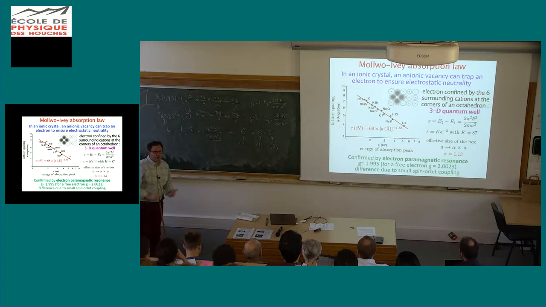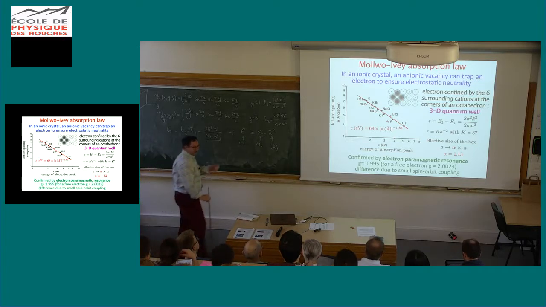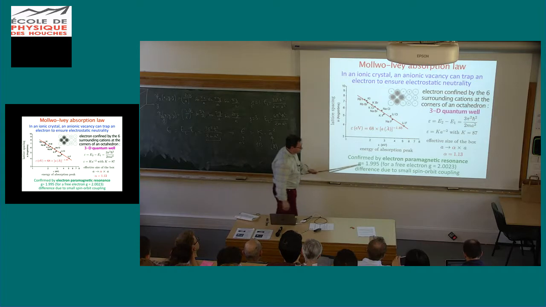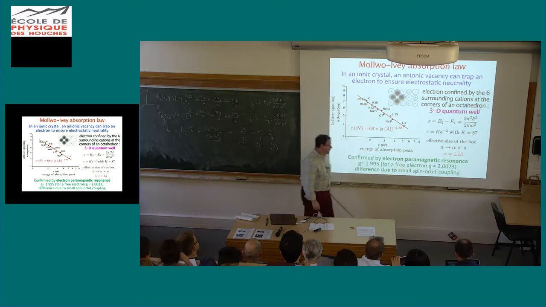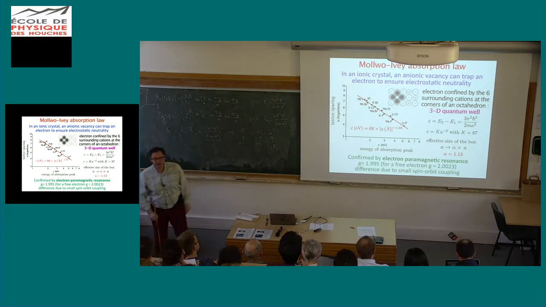And this structure, that it is one trapped electron to explain the F centers, was also confirmed by electron paramagnetic resonance, where they measure the g factor in this experiment, which was again very close to the one of a free electron. The slight difference can be computed by taking into account the spin-orbit coupling.